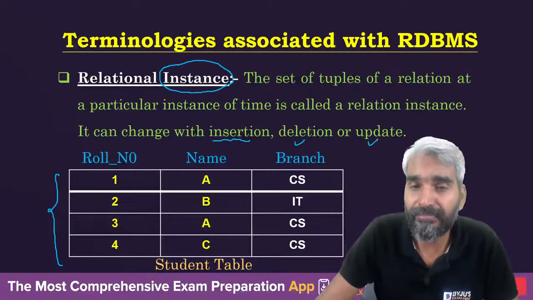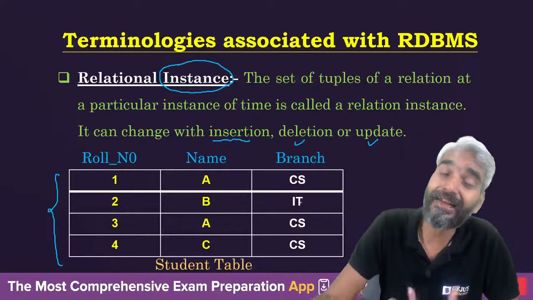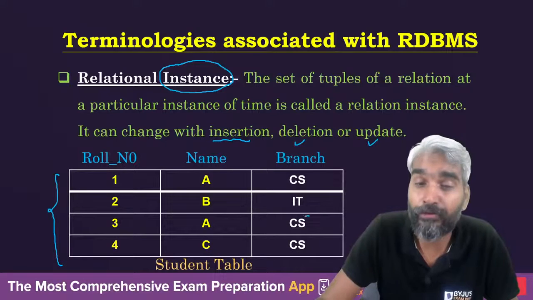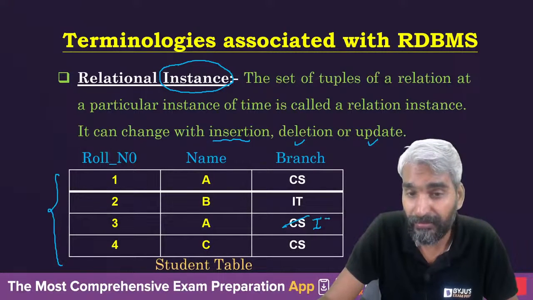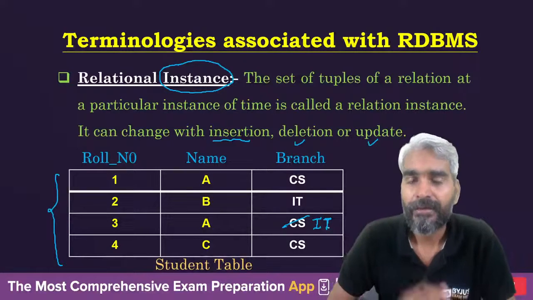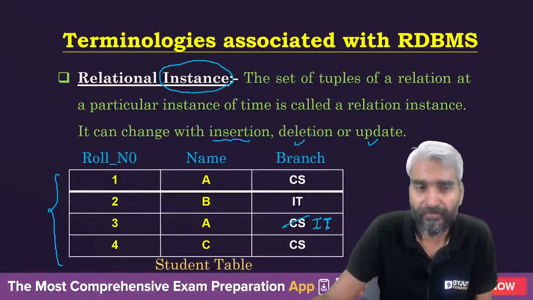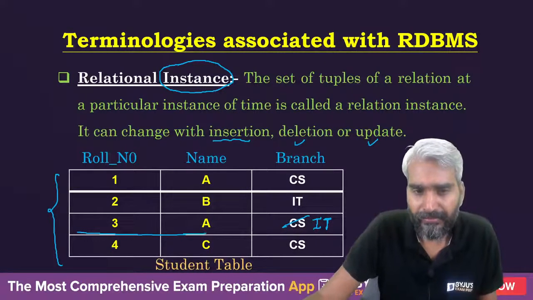If you update something, let's say a student with roll number 4 decides to change his branch from computer science to IT, then the relational instance is changed, because this is one element of the set of tuples.